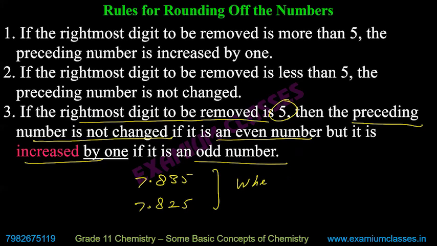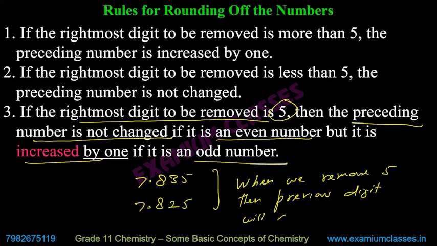You will remember the rule: when we remove 5, the previous digit will always be even. Just remember. If it is not even, add 1.